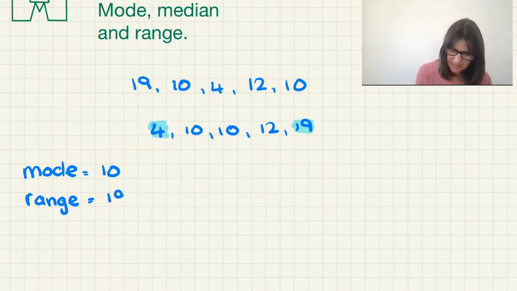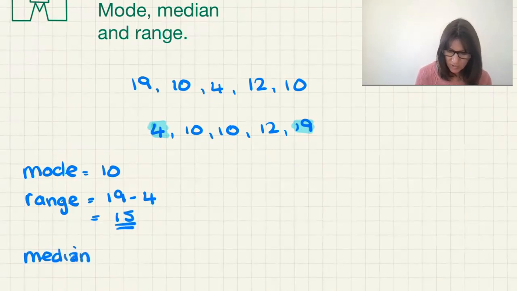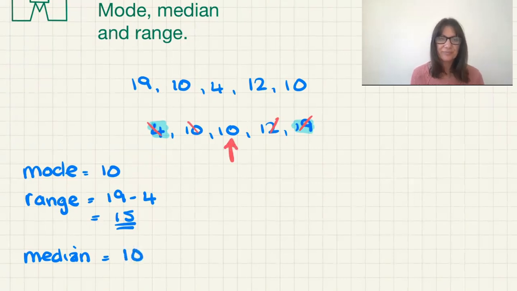So 19 take away 4, show that, really important, remember, and our answer is 15. So that's the range. And then median is where we're going to cross them off. They're already in order, so all I have to do is my crossing, there it is, number 10. And that's the mode, range, and median for that question.